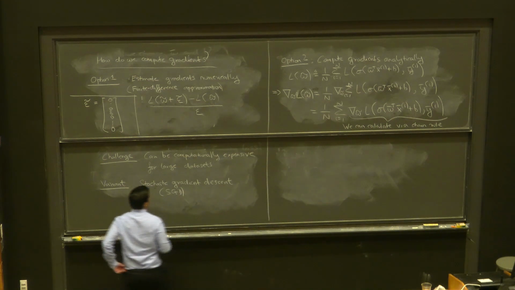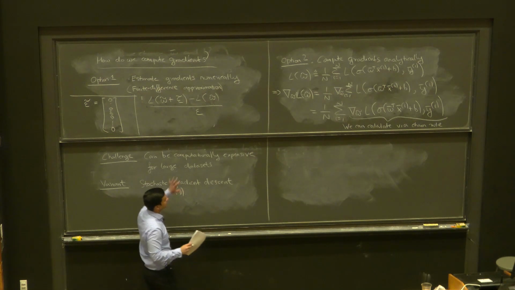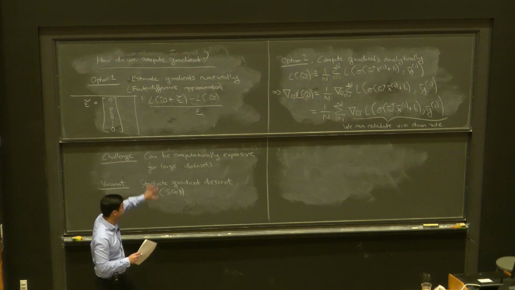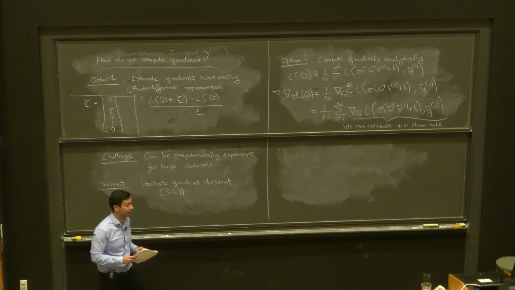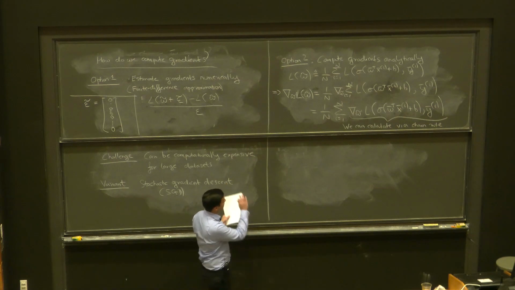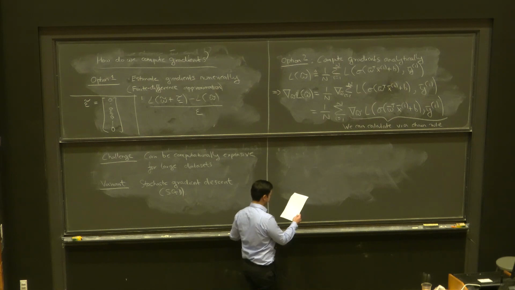It has two benefits. One is the direct benefit, which has to do with computational efficiency. There's a side benefit, which is much more subtle, that I'll get to in a bit. But let's just describe what stochastic gradient descent does.